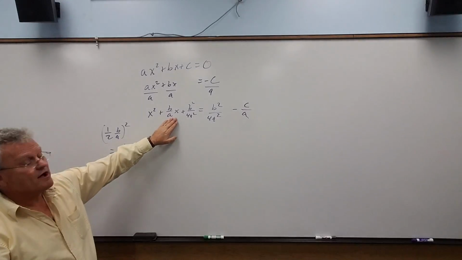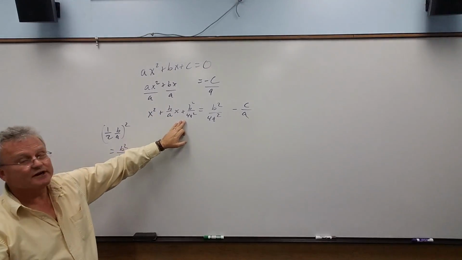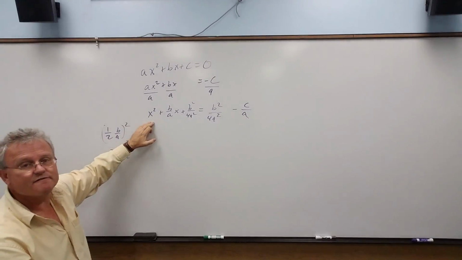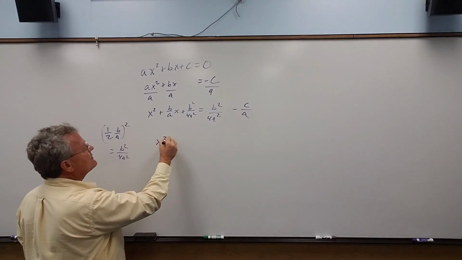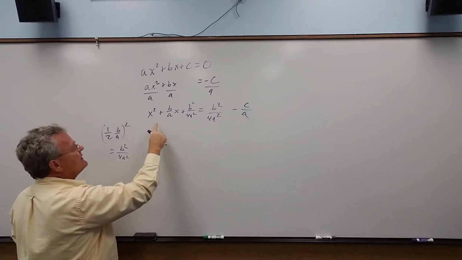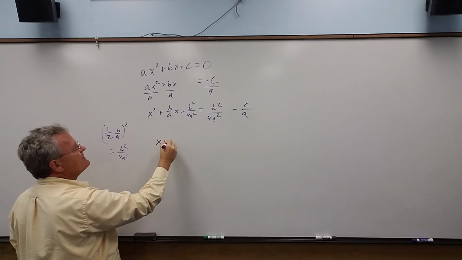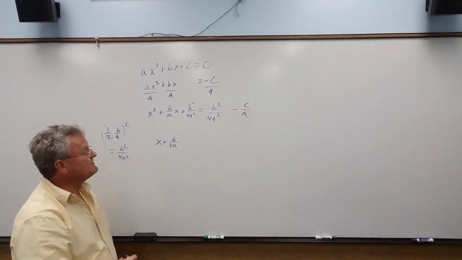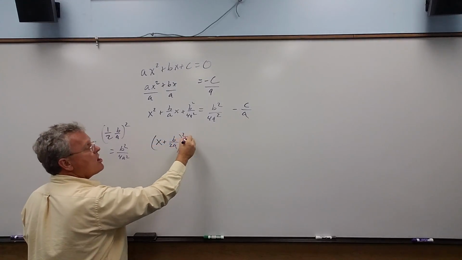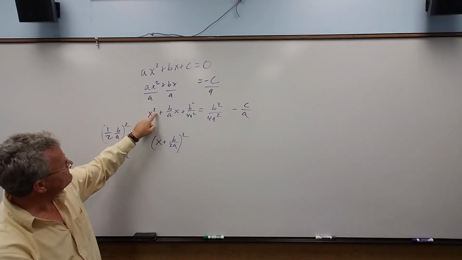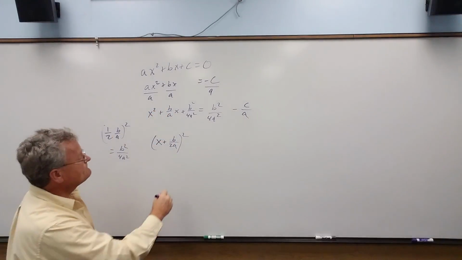Well, we know from completing the square earlier, this is always going to factor to x plus half of that number, half of b over a is b over 2a. It's always going to factor to x plus half of this number, quantity squared.